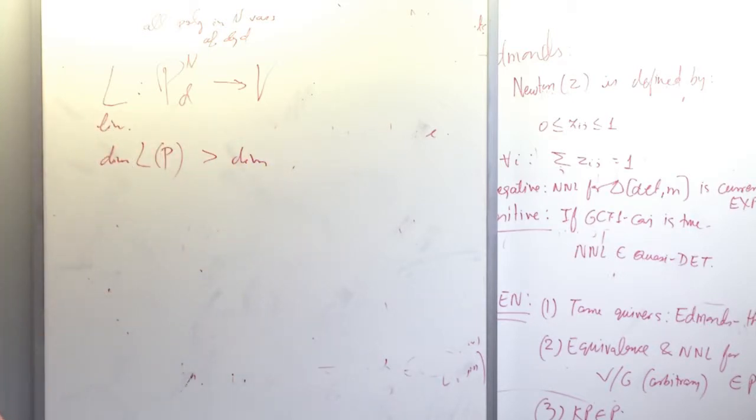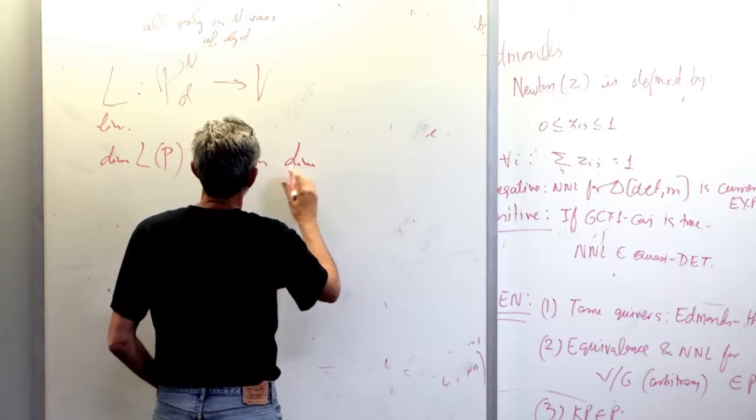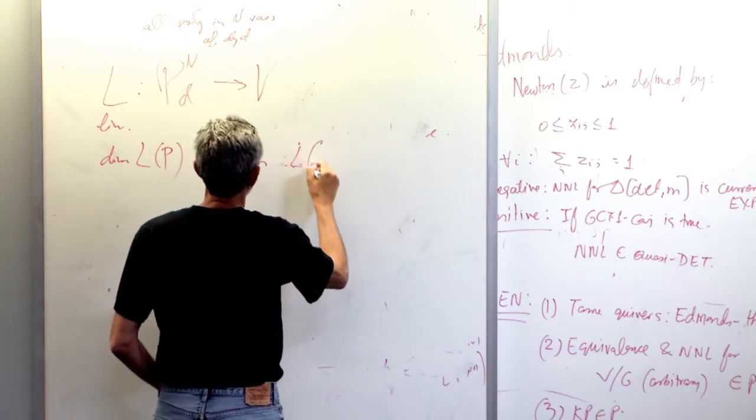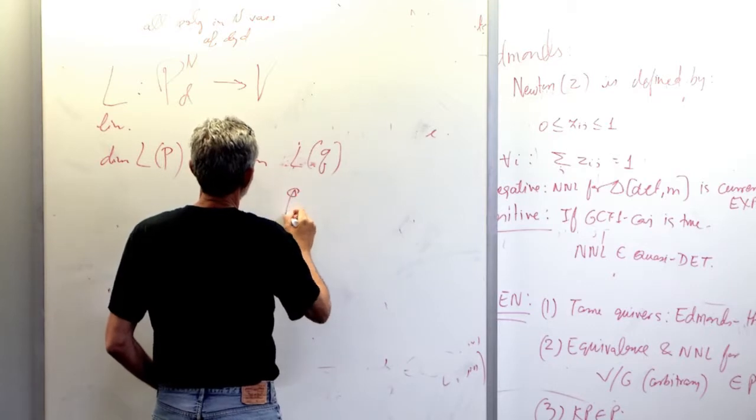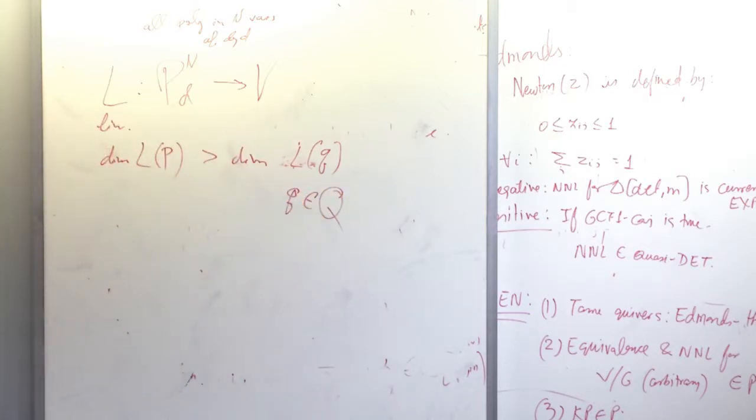It can be a family of circuits, it can be the closure of determinant, it's just a set. So it's bigger than the dimension of L of Q, of course, Q in some class Q, which is what we are trying to prove the lower bound for. That's how they work.